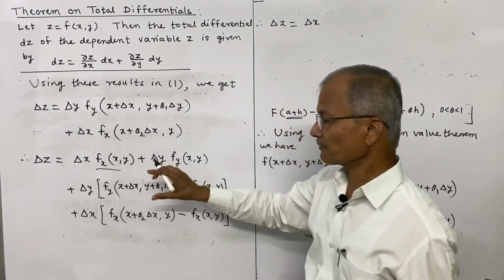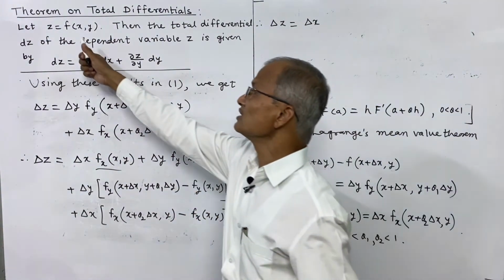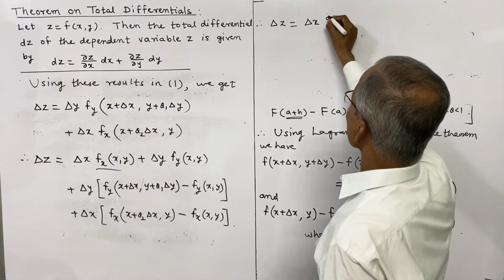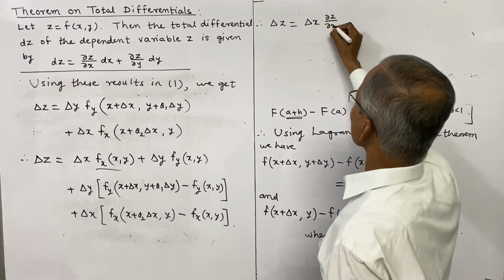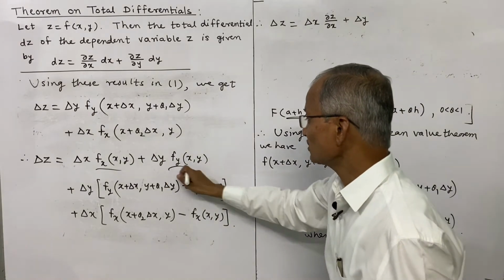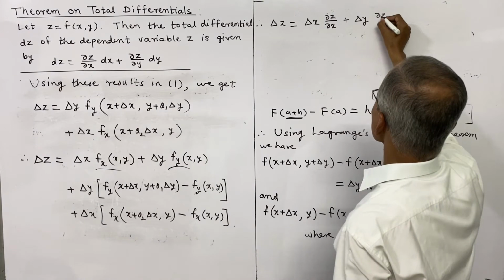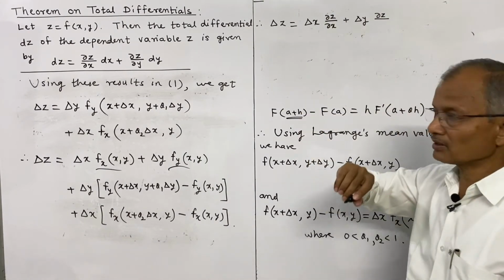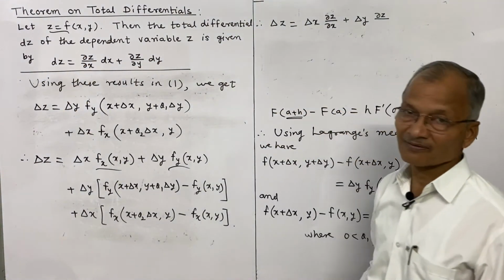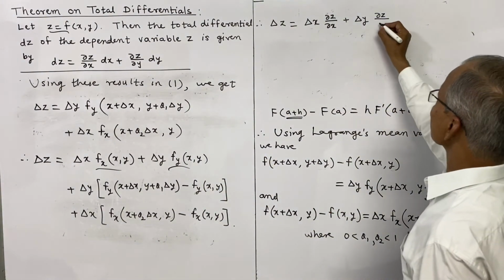So f suffix x means actually dou f by dou x, or dou z by dou x, because z is equal to f. Plus delta y, and this is also dou f by dou y, which means dou z by dou y.